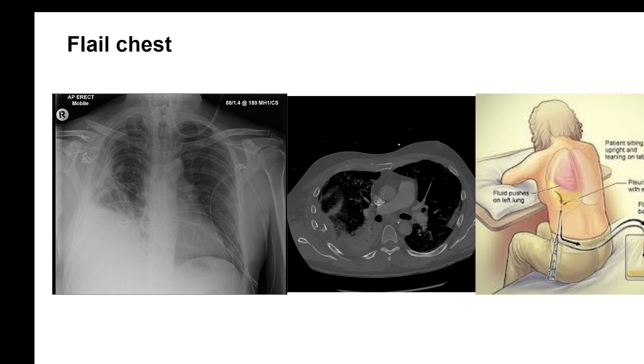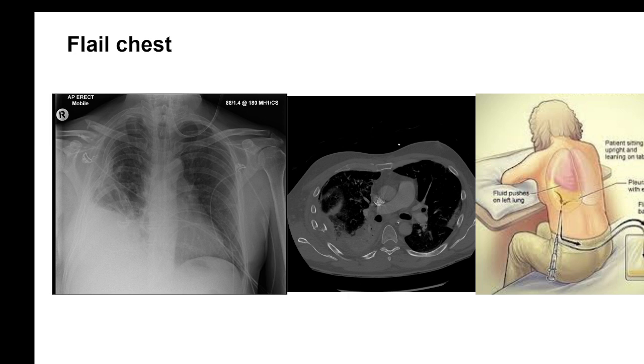In case of such multiple fractures of the ribs, the area of the fractured bone would not move along with the respiratory movements. So when the whole chest expands, that area where the fracture has occurred may not expand, it may remain depressed. So it looks as if it is getting depressed. And during expiration, as the chest recedes, that area doesn't recede, it looks like a bulge.